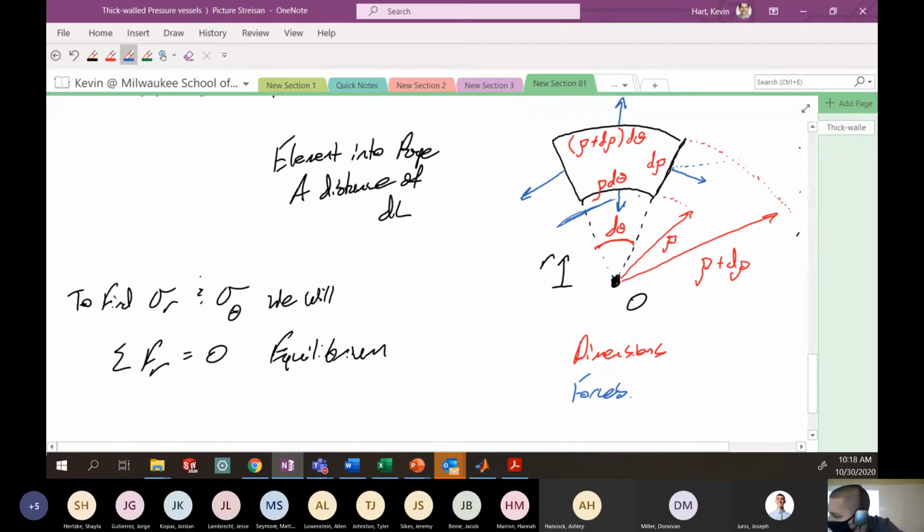The area over which this is acting is this length here multiplied by that dl into the page. So the force acting at this location is that radial stress multiplied by that area. The radial stress is sigma r, and so the force that develops is sigma r times rho d theta times the length into the page, which is dl. So that's the force at that particular location.